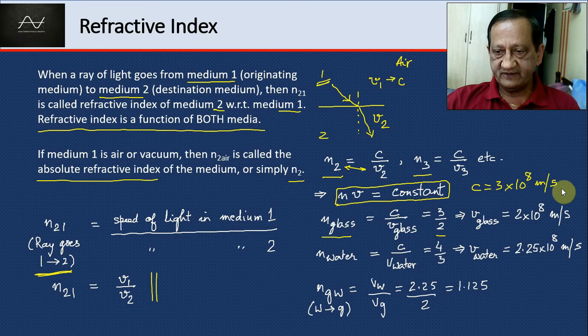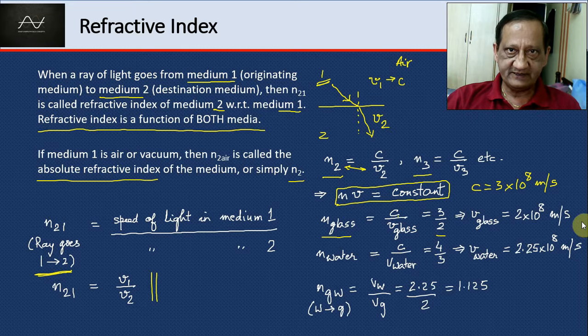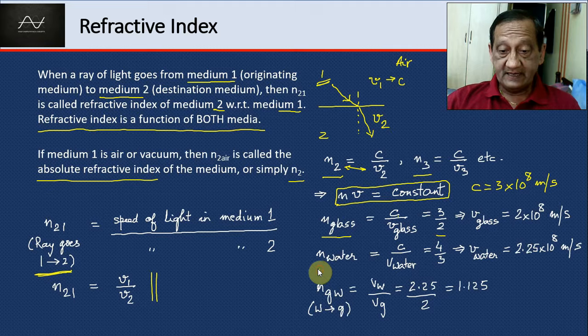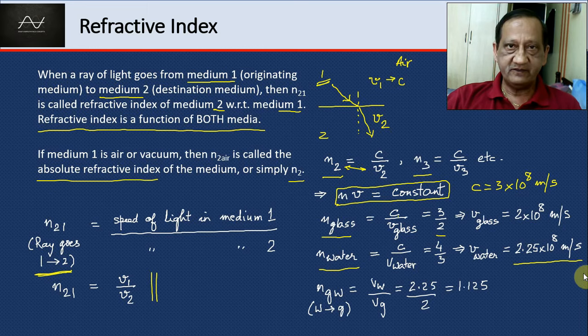Speed of light in vacuum or air is that much, enormous speed. So speed of light in glass is 2/3 of this. That means 3 will cancel. 2 into 10 to the power 8 meters per second. The absolute refractive index of water is c by speed in water, and that has been measured to be 4 by 3. So therefore the speed in water is 3 by 4 of c, that is 2.25 into 10 to the power 8 meters per second.